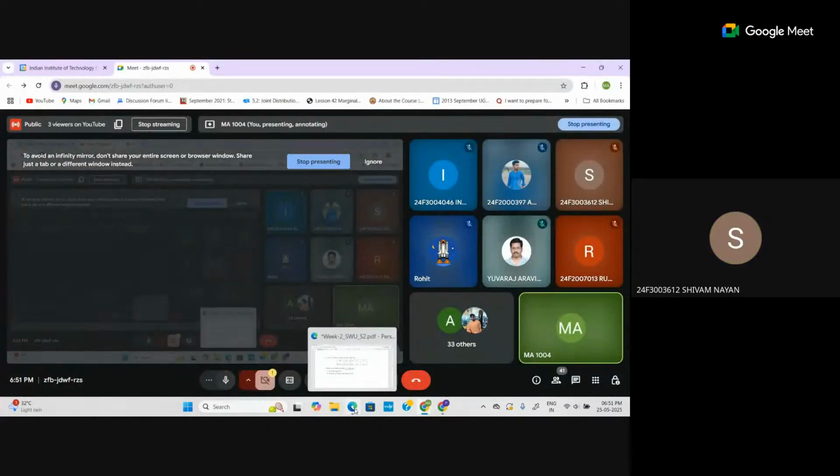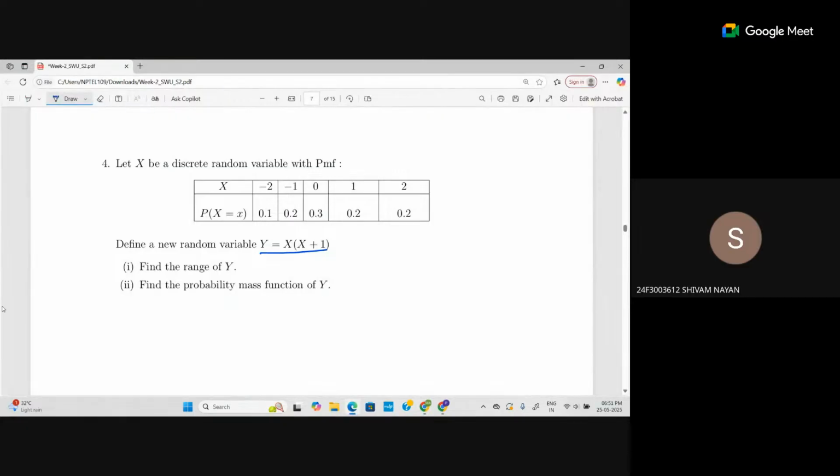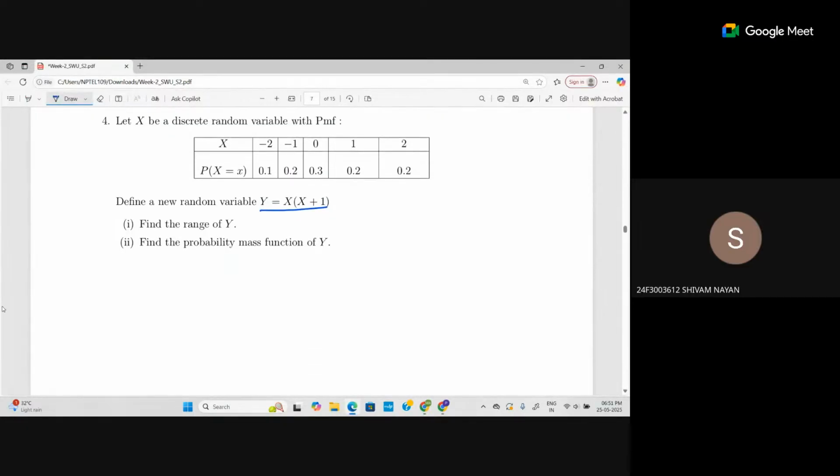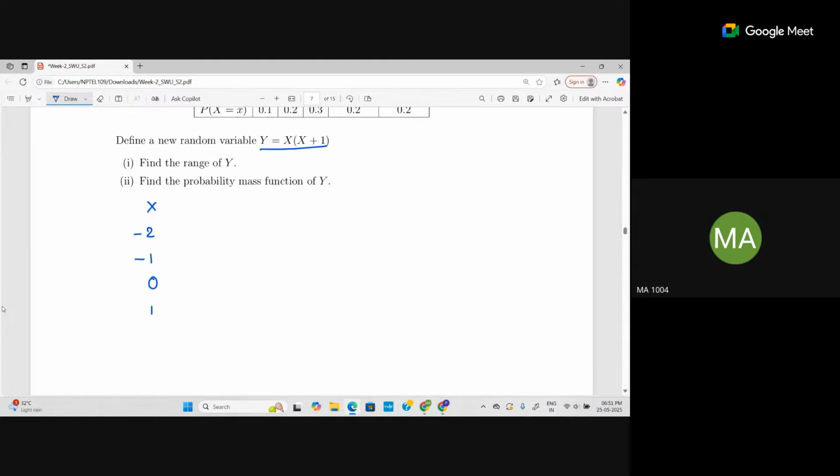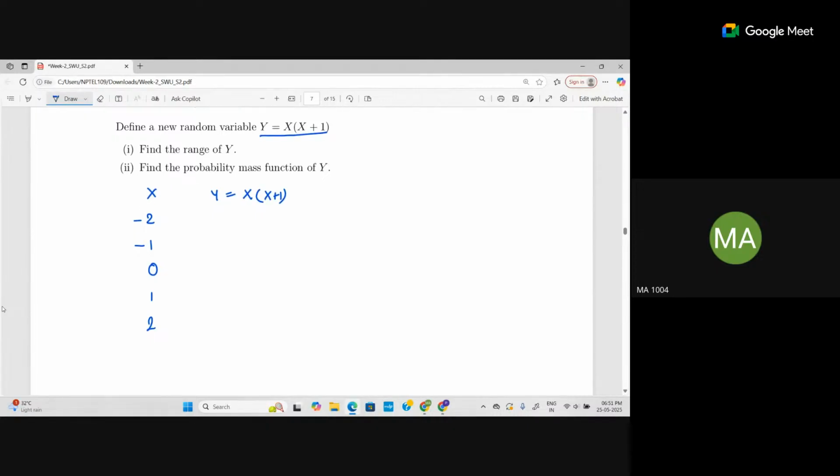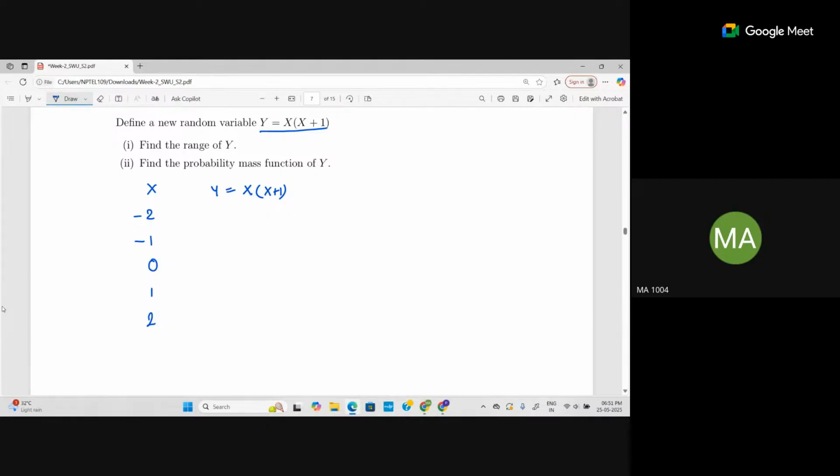Ma'am, range is 0, 2, and 6. Okay. So the values of x are -2, -1, 0, 1, and 2. And y is defined as x(x plus 1). So when you put the values, it is nothing but x square plus x, right?